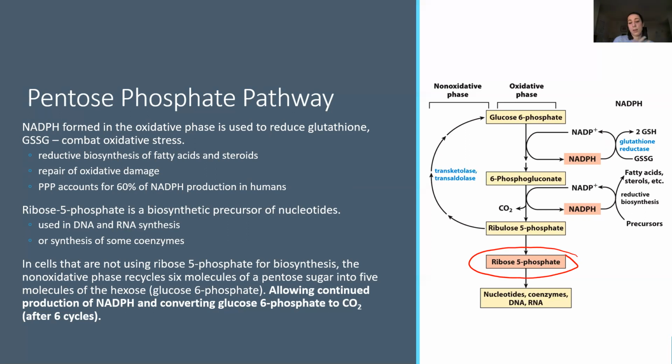Now, cells that aren't using this ribose 5-phosphate to make nucleotides and use in coenzymes, etc., can then take that ribose 5-phosphate and transfer it back into glucose 6-phosphate through gluconeogenesis, essentially building back up our sugars, but still allowing for the production of NADPH.